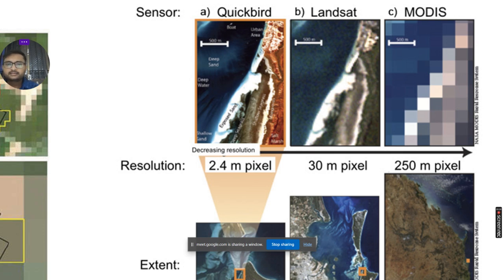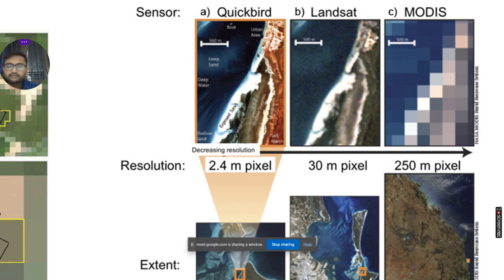In the same fashion, if I want to see what is happening with the vegetation in one of the sub districts, let's say Gandhinagar sub district or Gandhinagar district, then I'm looking at a very sub district or district level scale, so I need very high resolution. For that, I can go with the Sentinel satellite, which has 10 meter spatial resolution.